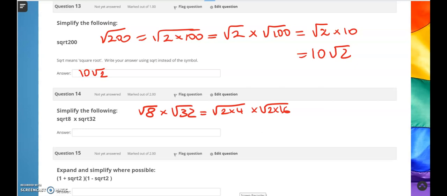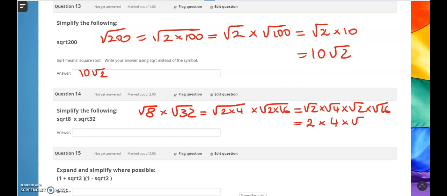Trying to get the perfect squares, the square numbers such as 4 and 16. So we'll rewrite this as square root of 2 times square root of 4 times square root of 2 times square root of 16.